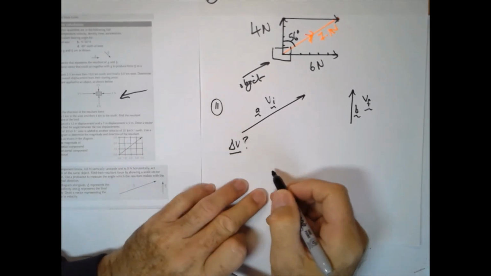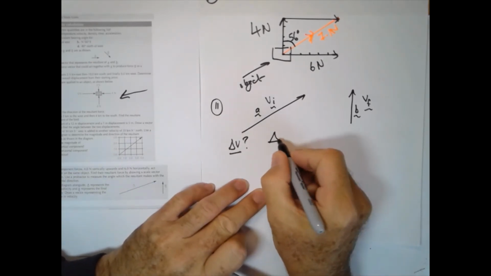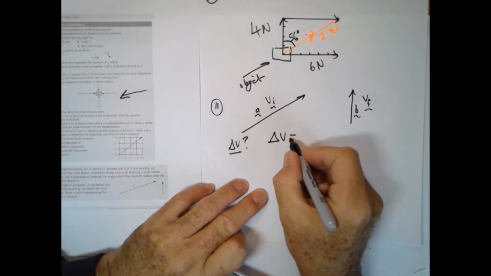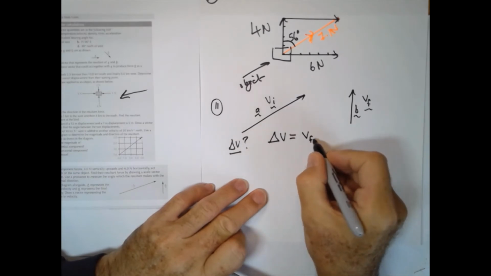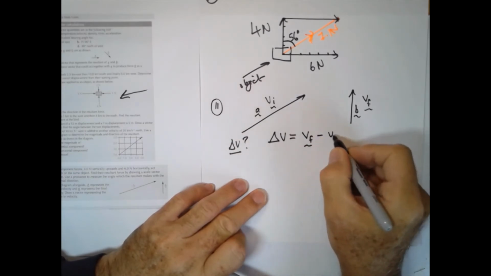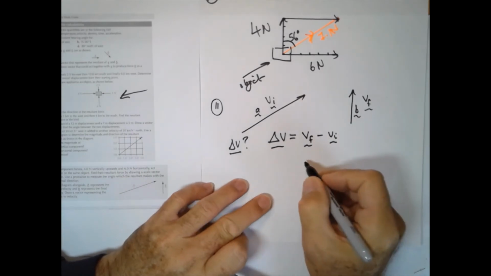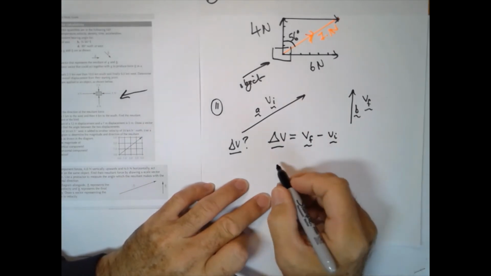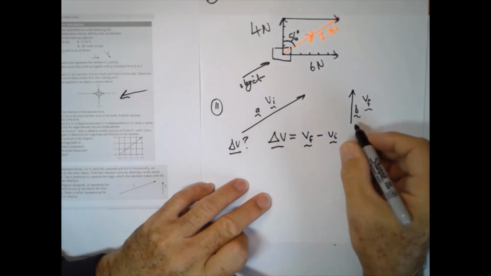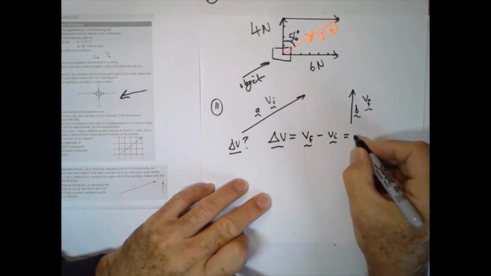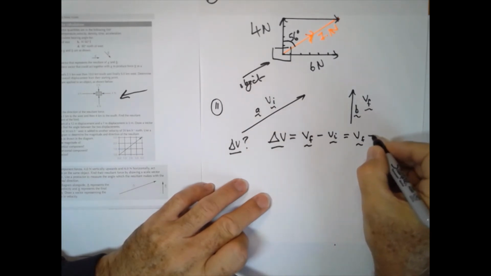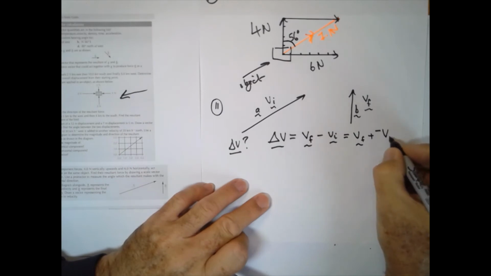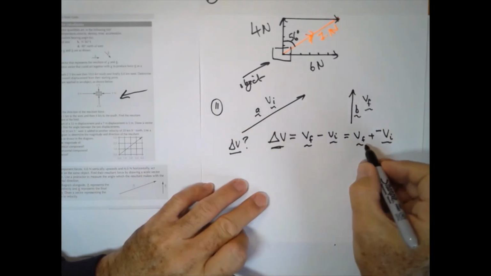Remember our thinking on this, our formula: the change of velocity is equal to the final velocity minus the initial velocity. And to help us draw our diagrams, we say that's the same as final velocity plus the negative of the initial velocity.